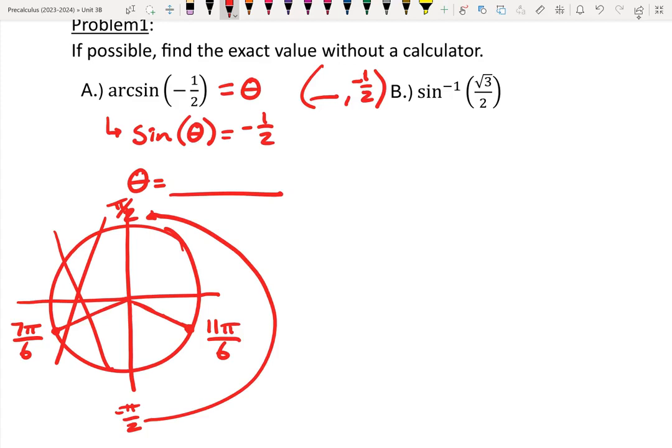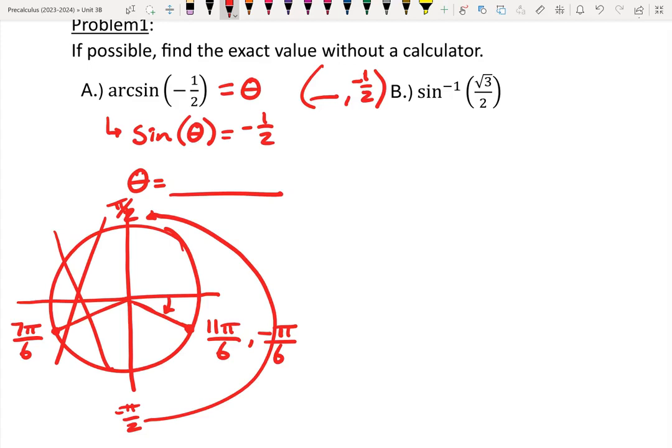However, there is another caveat. What was the second bullet point again? The angles in quadrant 4 must be read as negative. So instead of 11 pi over 6, what would I want? Negative pi over 6. That is negative pi over 6, and that would be our answer.